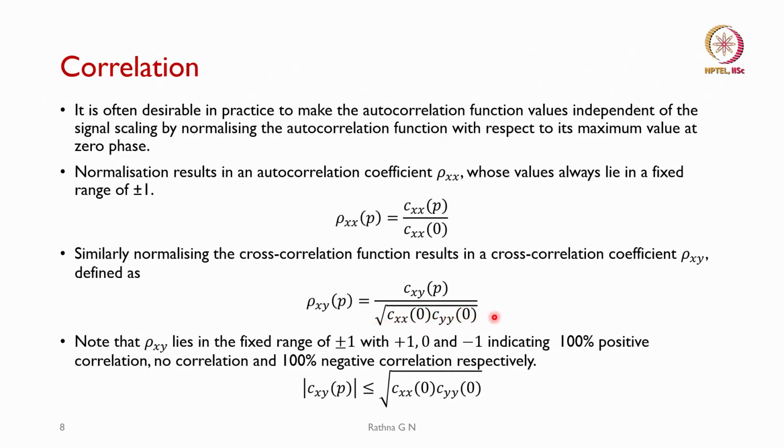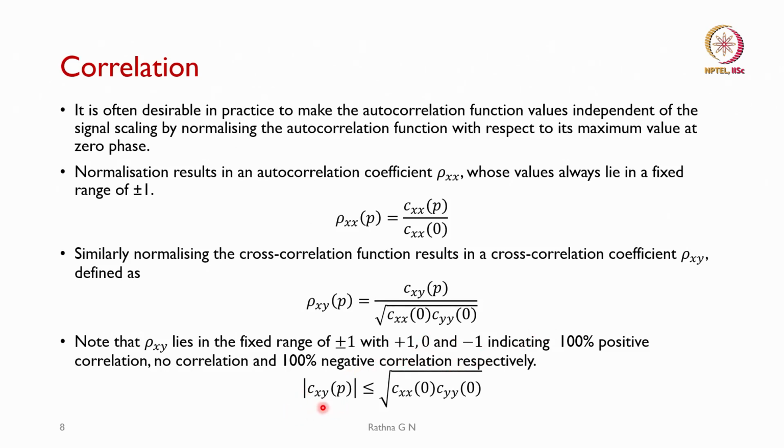Under the square root you take this product, which will normalize our cross correlation function. The note here is that rho xy lies in the fixed range of plus or minus 1, with plus 1, 0 and minus 1 indicating 100% positive correlation, no correlation, and 100% negative correlation respectively.